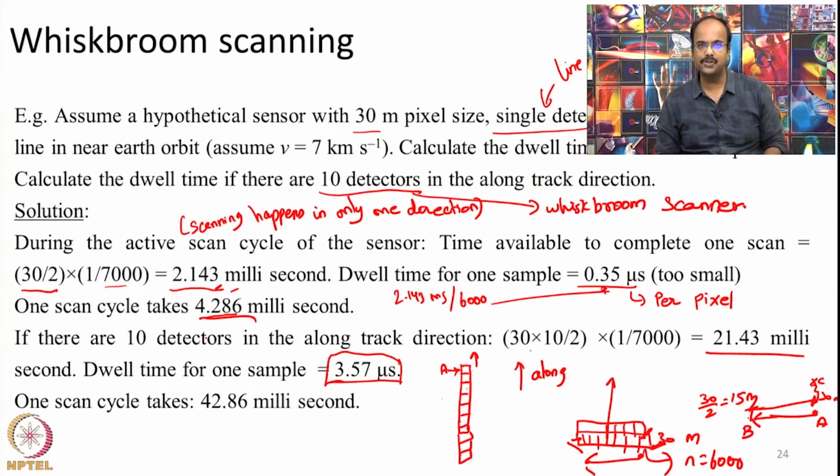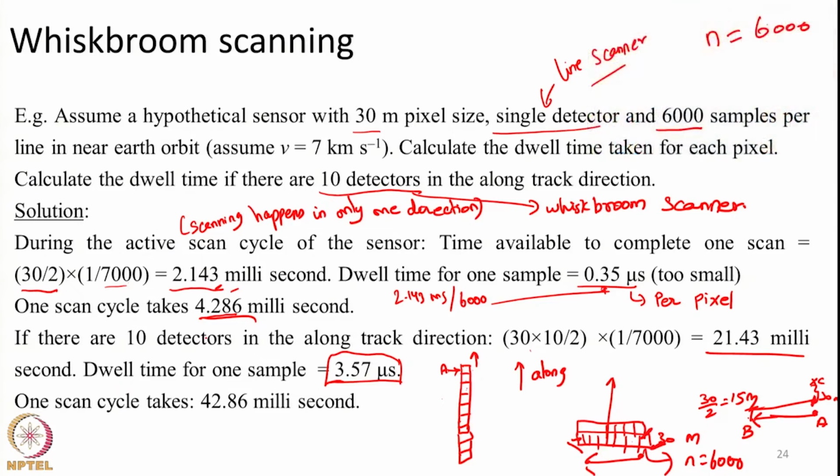Hence, push broom scanner has a much larger dwell time than whisk broom scanners, because in whisk broom the time we got is something close to 35 microseconds per pixel, whereas in case of push broom, since no scanning element is involved, each detector can see each point on the ground continuously for the whole 4 milliseconds.